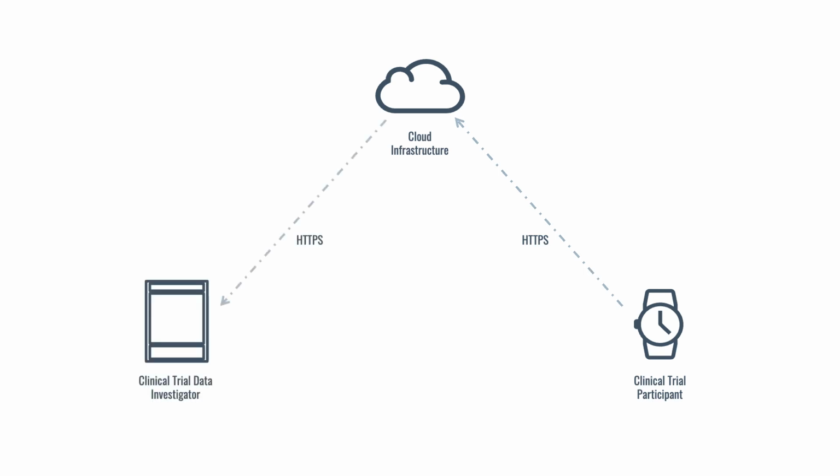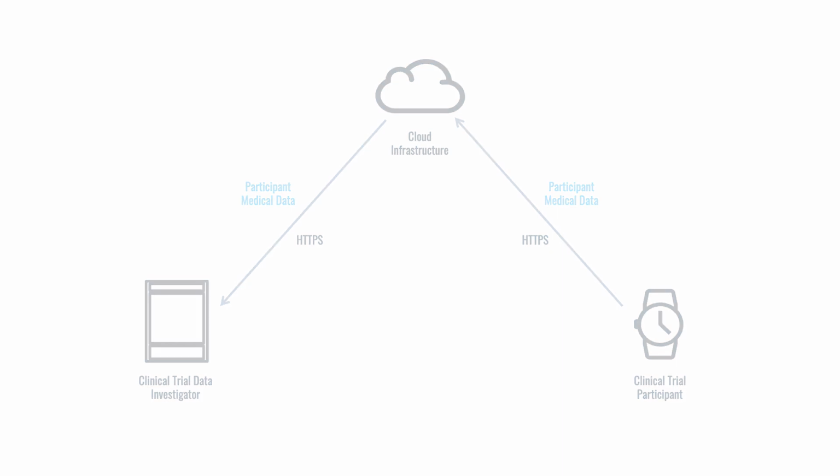In the demonstration that you are about to see, the participant's heart rate data is collected by a stock smartwatch running a Keychain-based application. The data is then sent to a tablet through a cloud server, and that tablet simulates a clinical trial investigator. The applications on both devices communicate over HTTPS to and from the server.